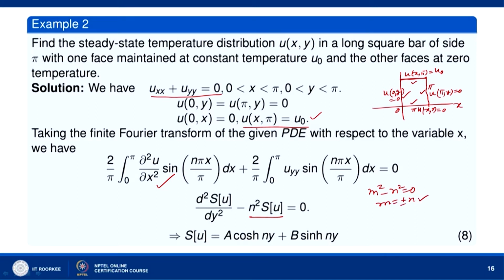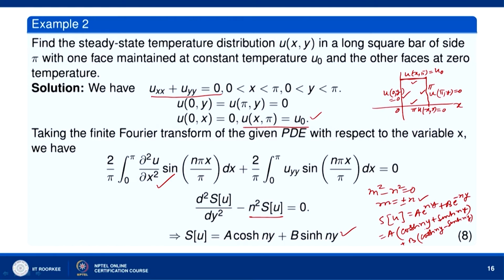So, m equal to plus minus n. So, we have two distinct real roots, and therefore, S of u will be equal to a cosh(n y) plus b sinh(n y). We could also write S of u as a e to the power n y plus b e to the power minus n y, but we can convert it to cosh and sinh functions, writing a times e to the power n y as cosh(n y) plus sinh(n y), and b times e to the power minus n y as cosh(n y) minus sinh(n y).